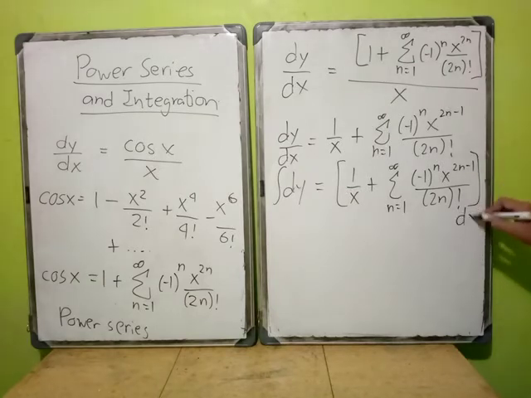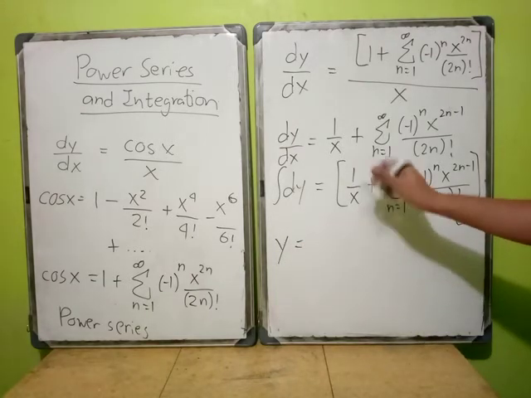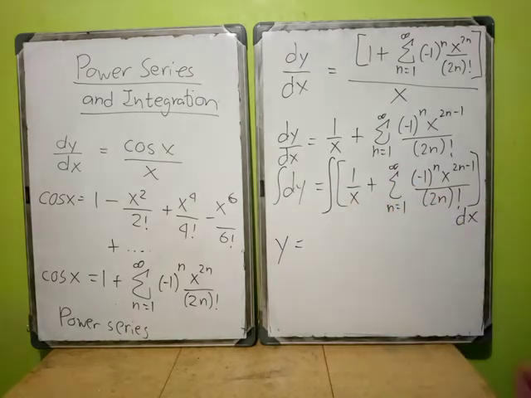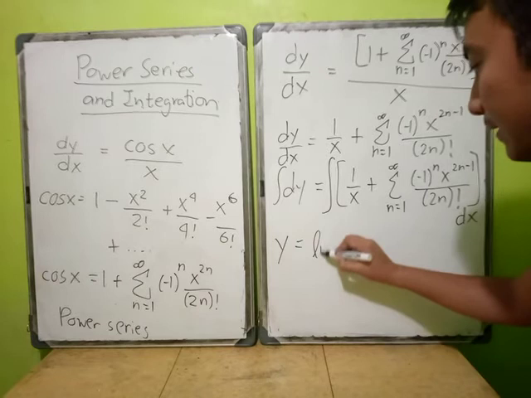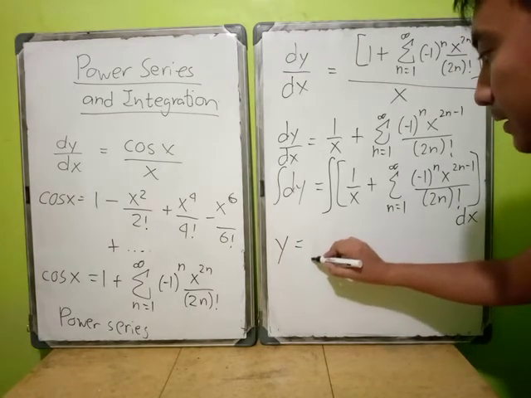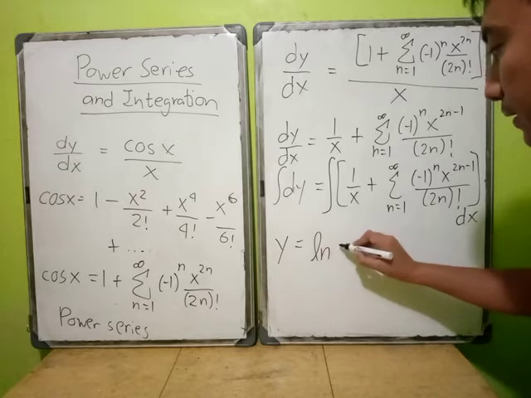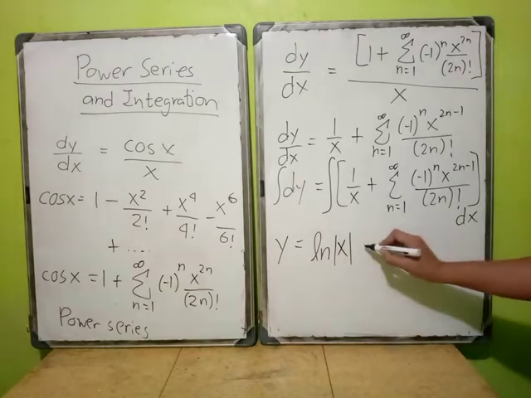Therefore, y is equivalent to the integral of 1 over x, which is ln of the absolute value of x.